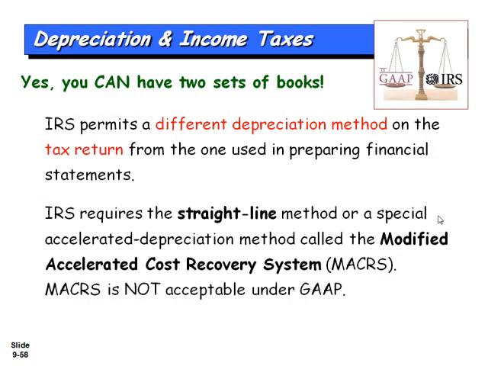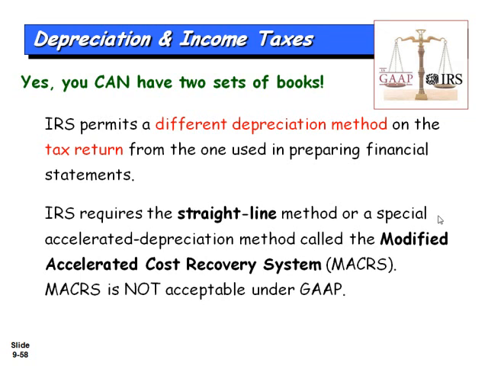Depreciation and income tax. One of the things that's always a surprise to students is that yes, you actually can have 2 sets of books. You can use different accounting methods for your tax return. When you fill out that 1040, the company would have a different depreciation method for tax purposes than they do when they prepare financial statements.